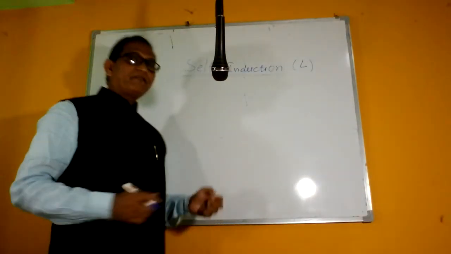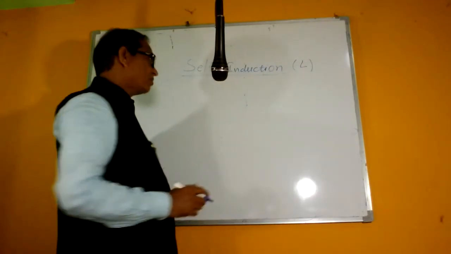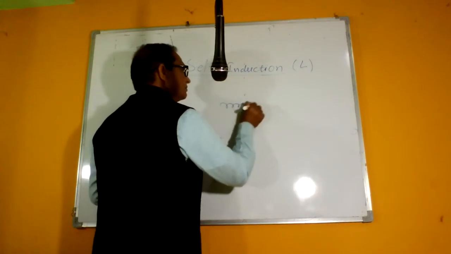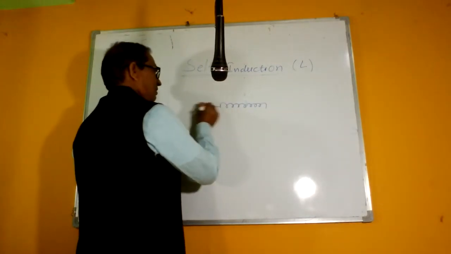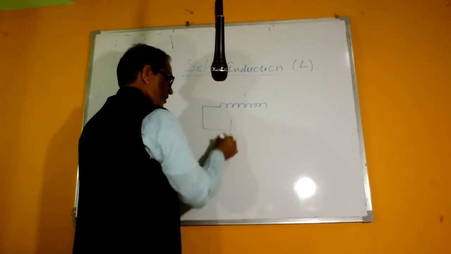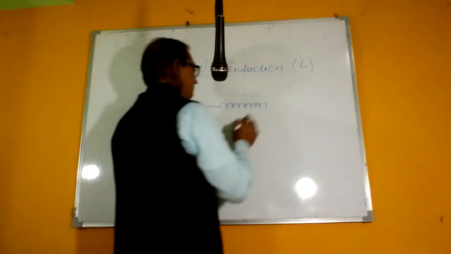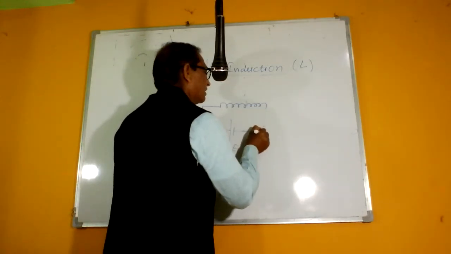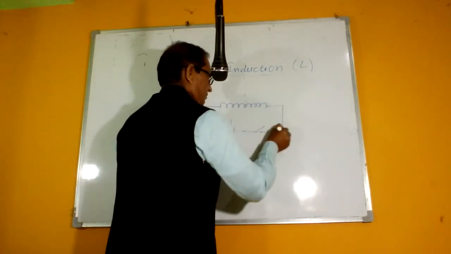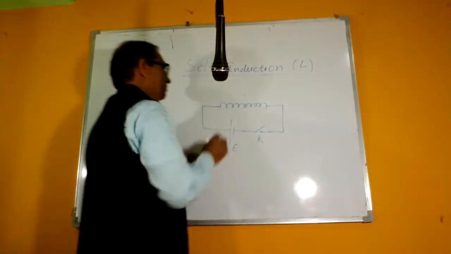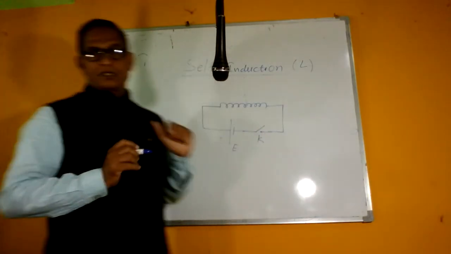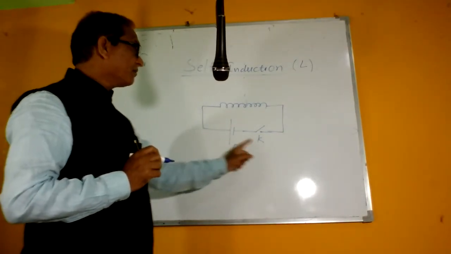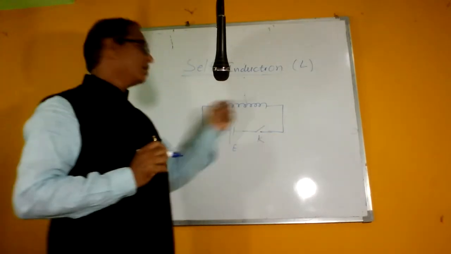So this is about Lenz's law. Okay. Self-induction, represented by L. If you have a circuit containing a coil connected to a cell of strength E and, in series with that, a tap key K. This is a circuit which consists of a cell of strength E, a tap key K and a coil.